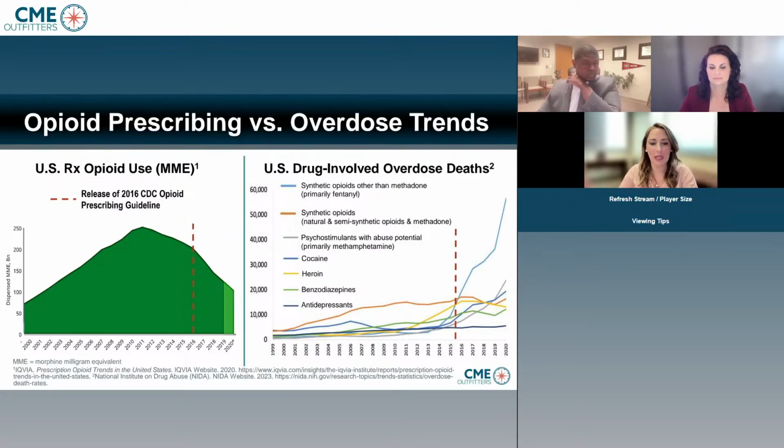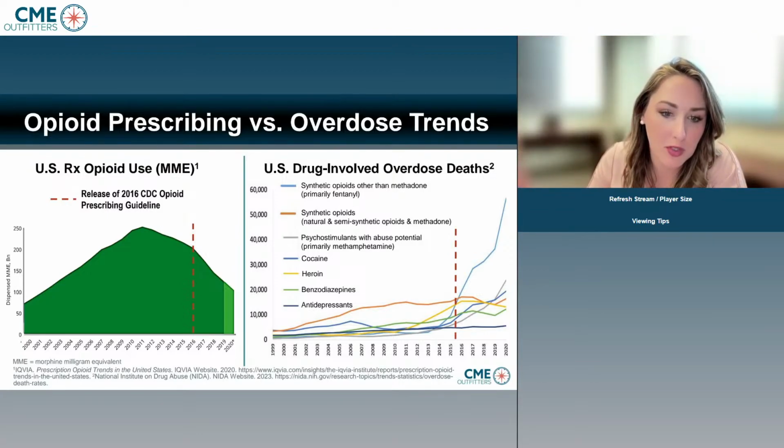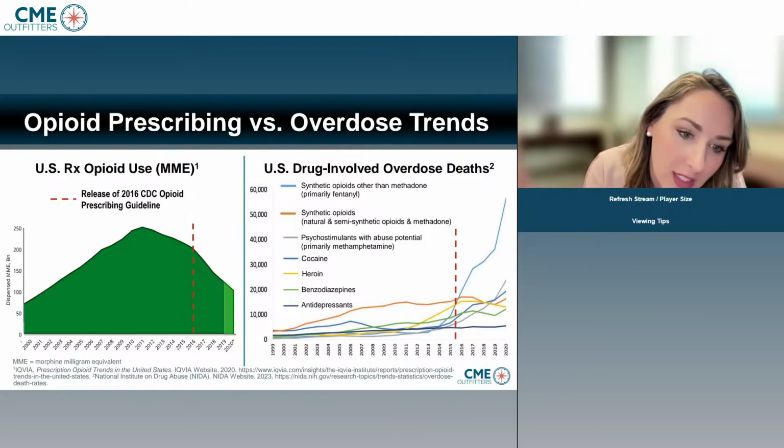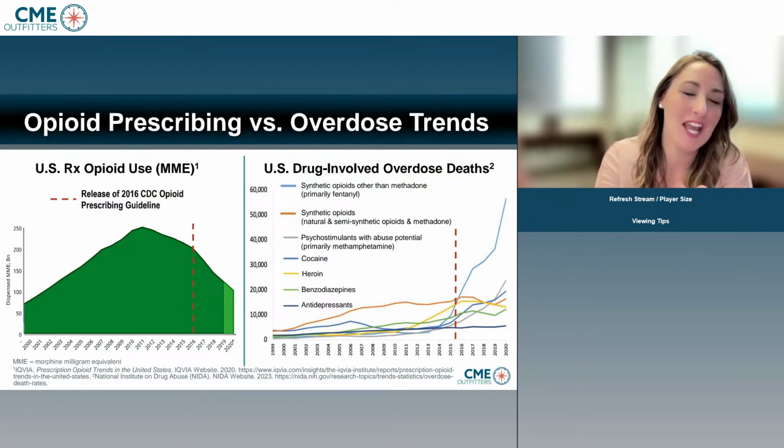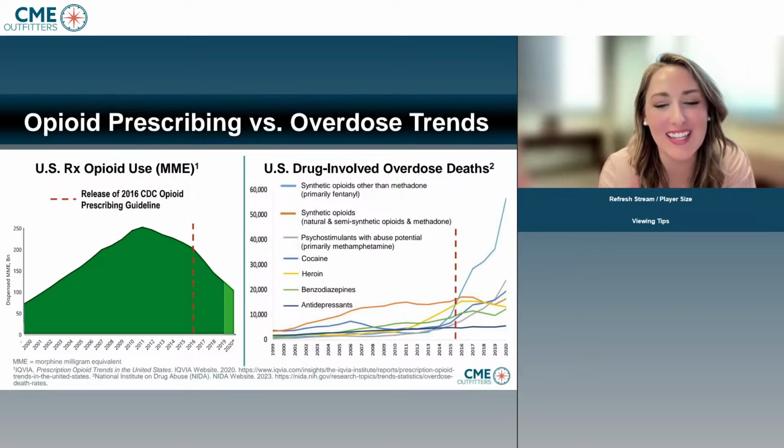So if we look at these two graphs, let me orient you very quickly. The left one is prescription opioid use, MMEs, morphine milligram equivalents per day. Dispensed MMEs is on the left-hand side, the y-axis, and your bottom line there is the year.